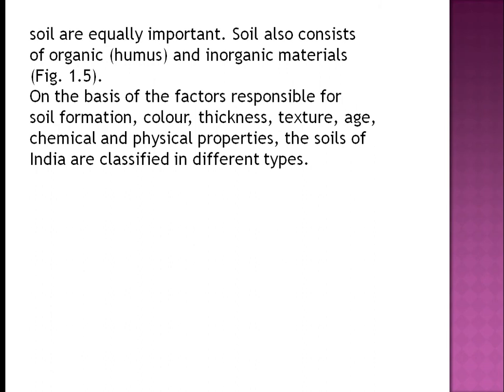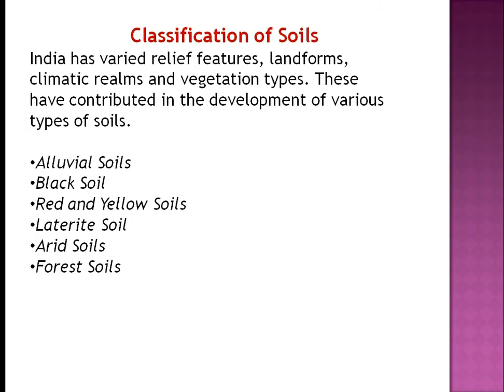Okay, moving to the next point, classification of soil. India has varied relief features, landforms, climate, realms, and vegetation over time. These have contributed to the development of various types of soil: alluvial soil, black soil, red and yellow soil, laterite soil, arid soil, and forest soil, which can be forest and mountain soil.